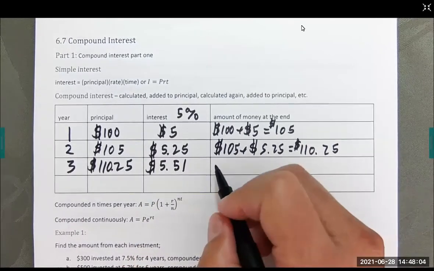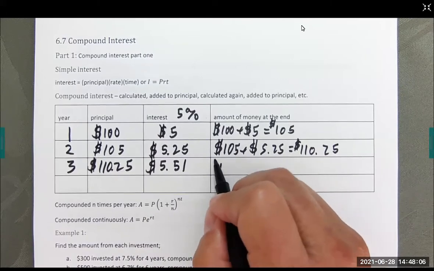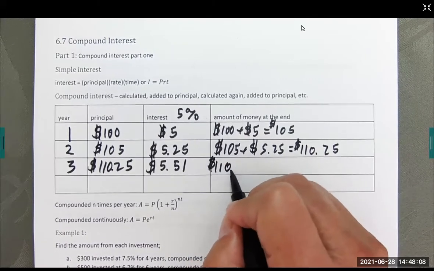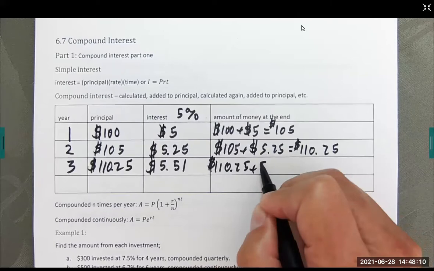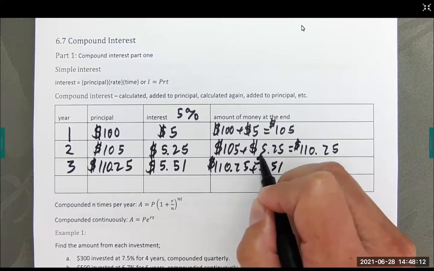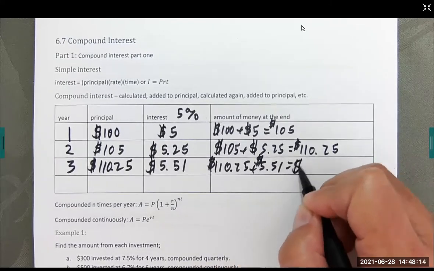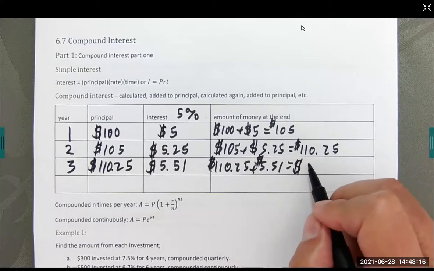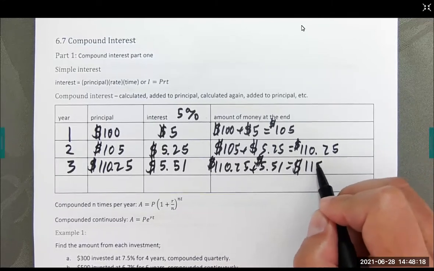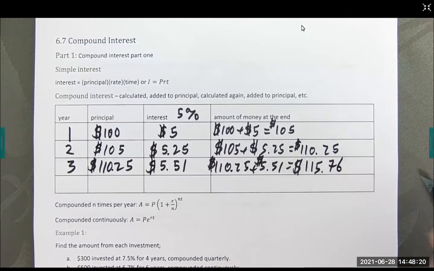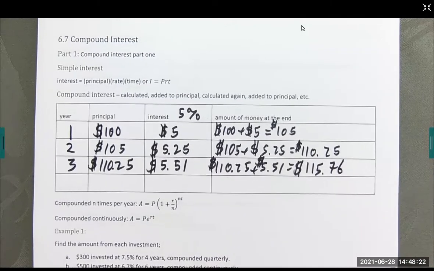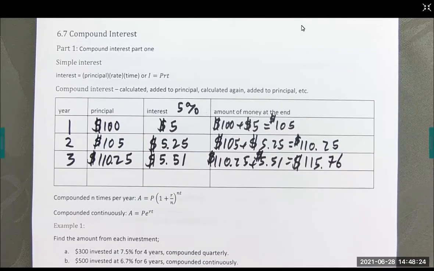So that means the total is going to be 110.25 plus $5.51. It's going to give us a total of $115.76, and so on. So hopefully you get the point on that.